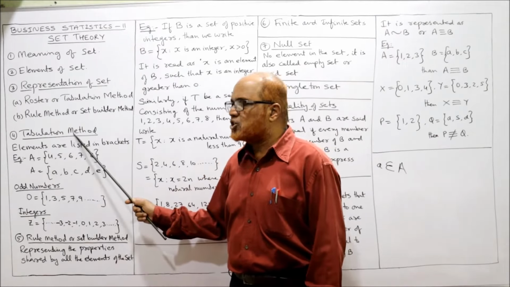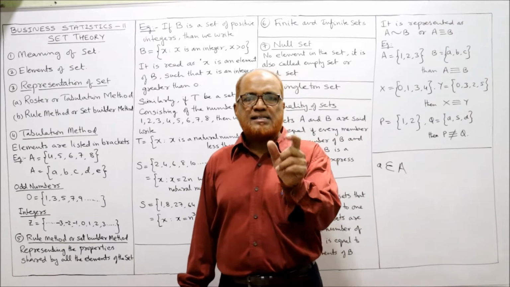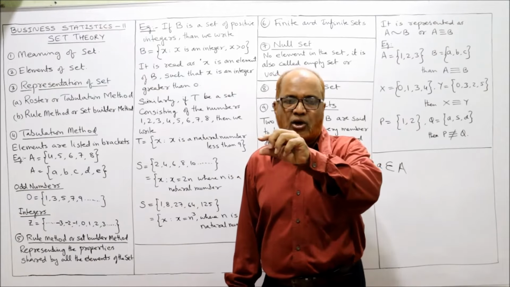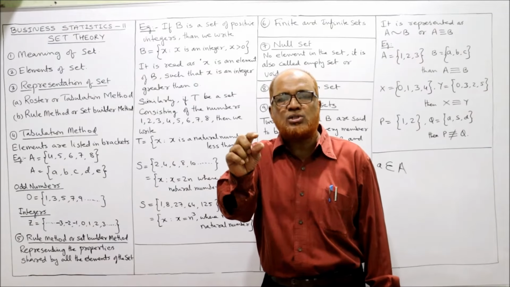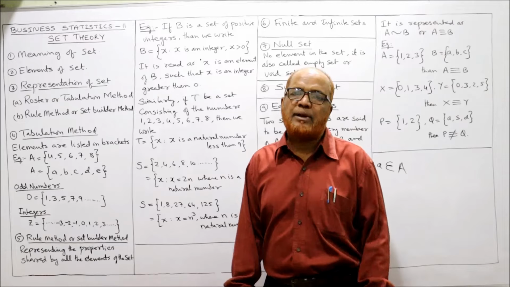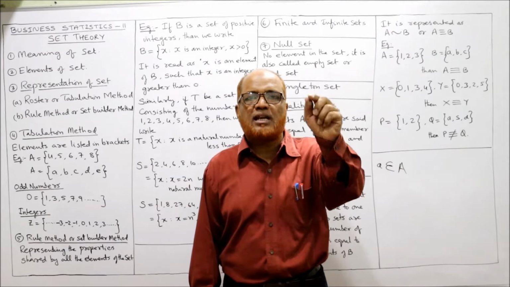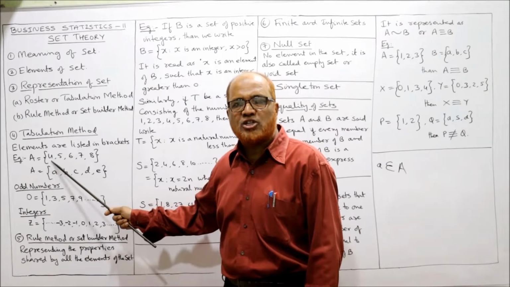The first method, tabulation method or roster method. According to this method, the set represents the objects by listing the elements of the set in bracket. Simply we list down all the objects in a bracket. That is called roster method or tabulation method.